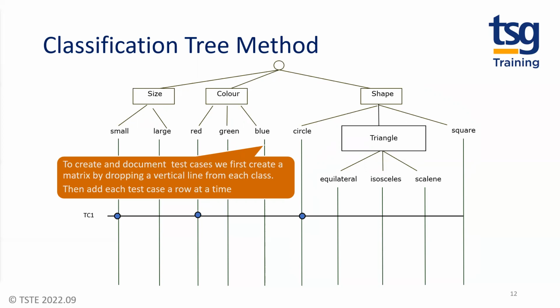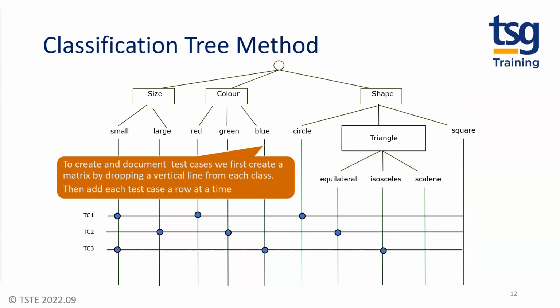So there's test case 1. We've got small is the class taken from the classification size, red is the class from the classification colour, and circle the class from the classification shape. That's one test case. And then we keep going like this. And can you see that we're working through the classes under shape?